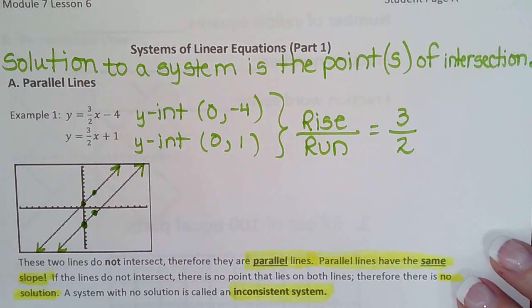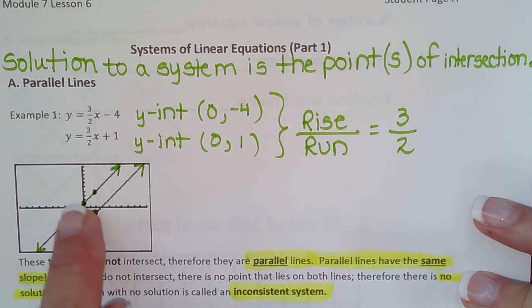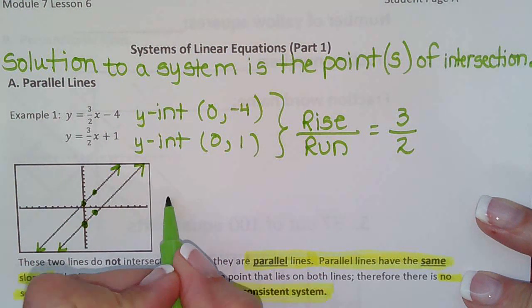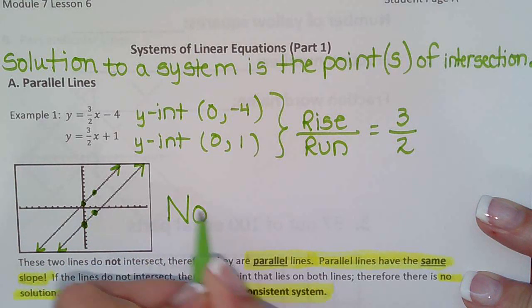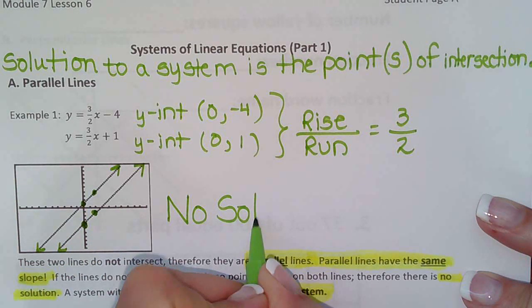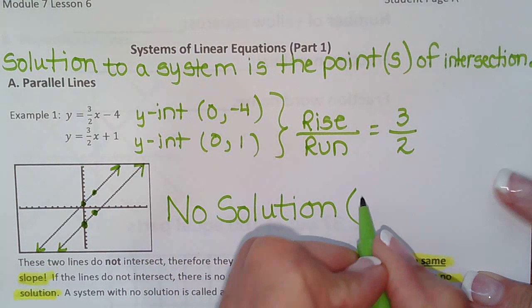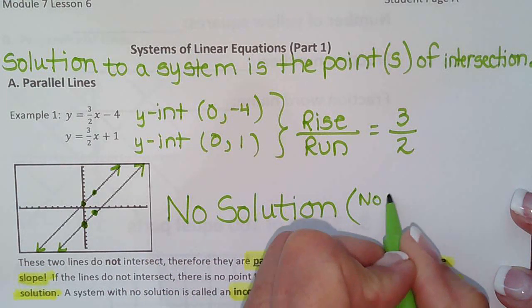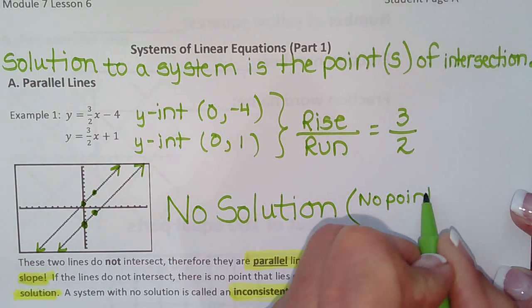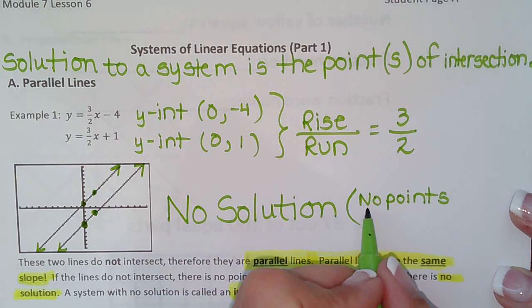So when I say find the solution to the system, I'm asking you to find the point or points of intersection. So because there's no points common here, this would be no solution. And you might even want to write why. No points in common or no intersection points, whatever you want to write.